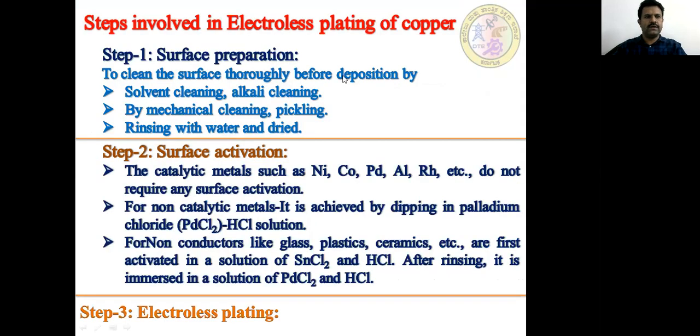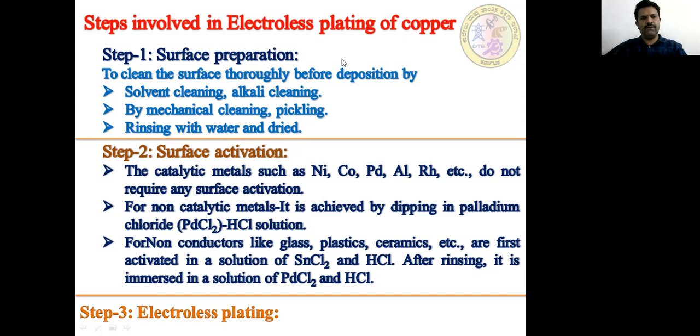So next, the steps involved in electroless plating of copper, particularly because I am going to explain electroless plating of copper in the next slide. So the first step is surface preparation. That is nothing but surface cleaning.